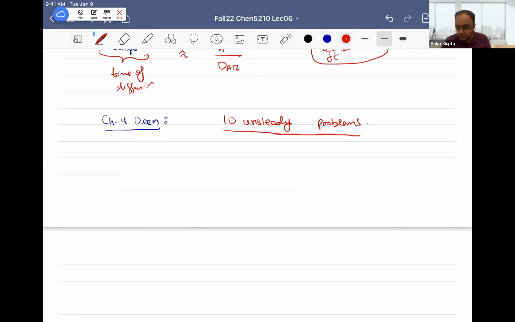The first problem we will think about is a liquid column, which has Ca equal to Ca naught. This is a pseudo binary system.